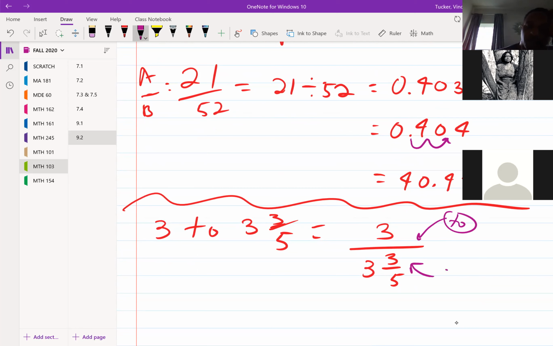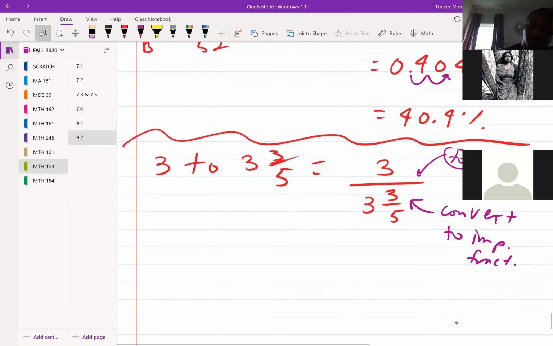And I want to convert to an improper fraction. So that'd be 3, your whole number, times your denominator, plus your numerator.